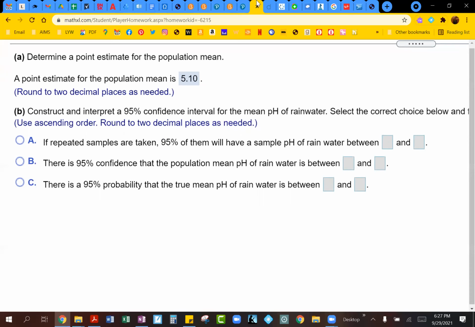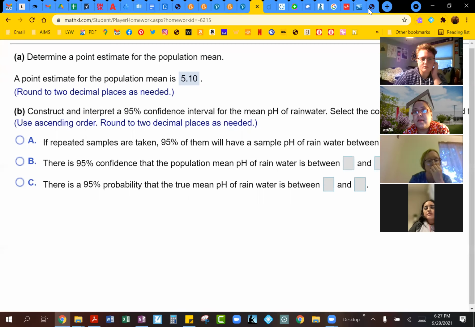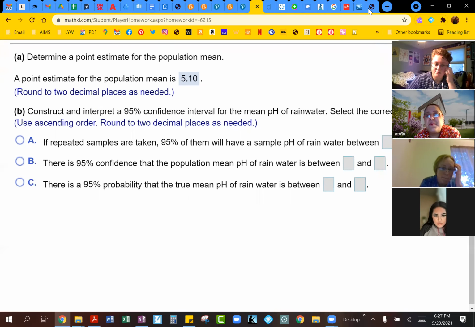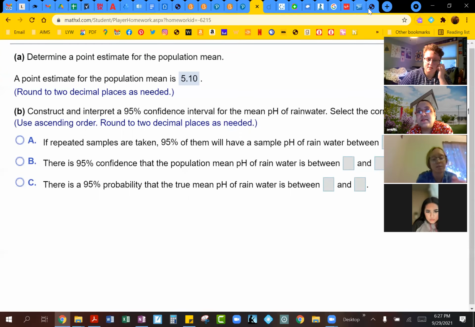So again, out of those 3 options, which one do you think makes the most sense for this example? A, B, or C? Repeated samples, 95% confidence, or 95% probability?